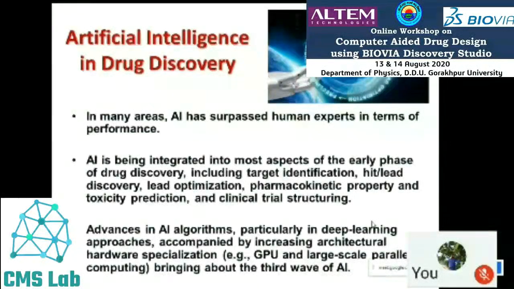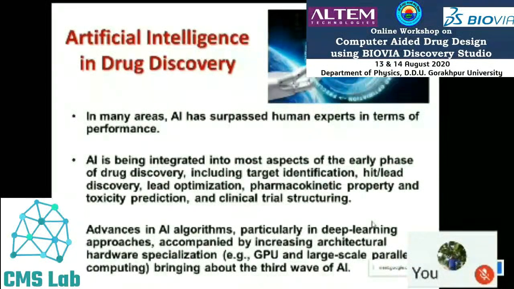In drug discovery too, artificial intelligence, and particularly deep learning approaches, is what is happening. Especially in the past 5-10 years, deep learning is really bringing changes in the drug discovery process.